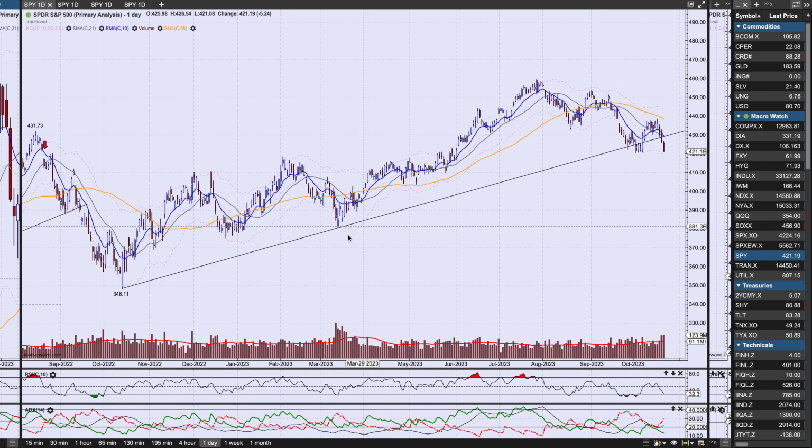And yes, we had that touch point in March. We'll come back to March in a minute when I'm talking about interest rates and the financials. But look how we broke below this trend line, bounced back up. And we had a lot of things that were starting to indicate that maybe we were going to get a short-term rally, maybe we were going to punch up. And then it just rolled right on over.